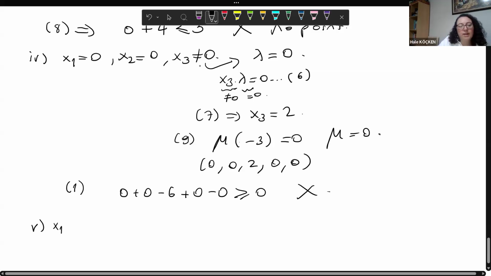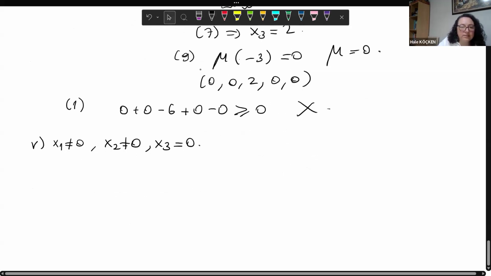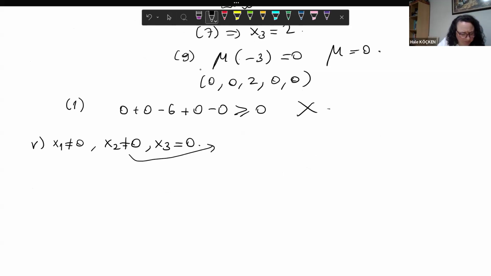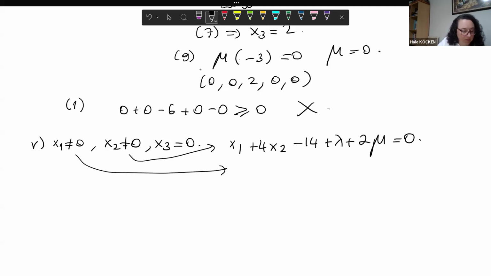So we will assume x1 is different from 0, x2 is different from 0, but x3 is 0. If x2 is different from 0, then x1 plus 4x2 minus 14 plus lambda plus 2 mu is equal to 0. If x1 is different from 0, 2x1 plus x2 minus 6 plus lambda plus mu is 0.